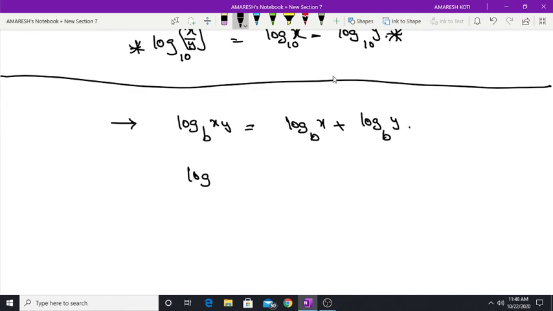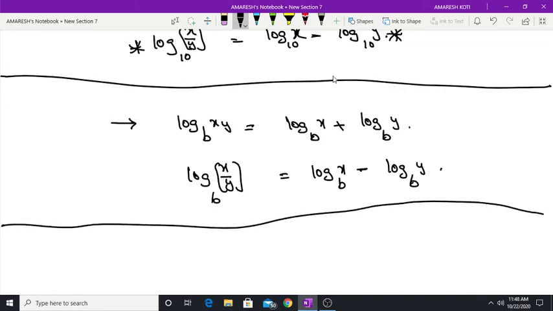If they have given log x by y to the base b, it equals log x to the base b minus log y to the base b. Very simple. Just read these formulas. I'll wait 2 minutes. Write it in your book.